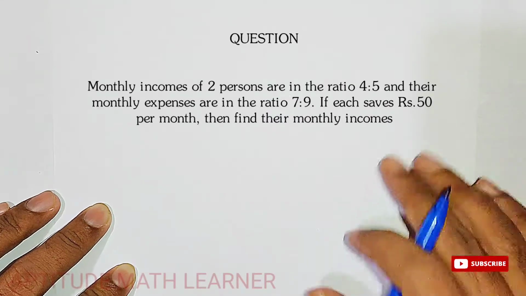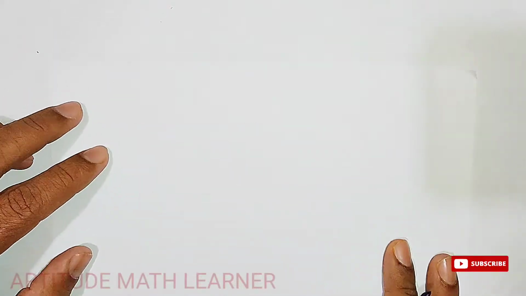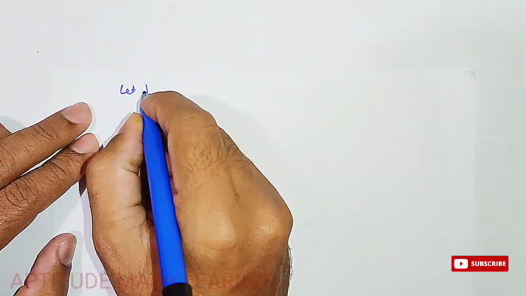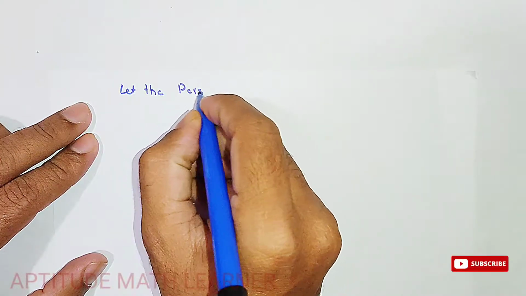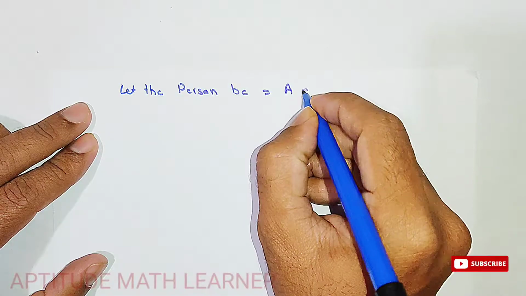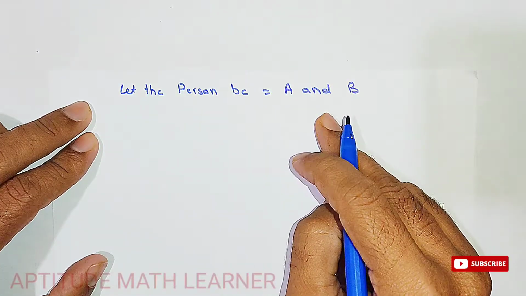So here we are having two persons. Let the two persons be A and B. So these are the two persons.